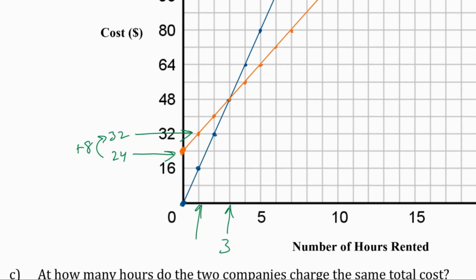But this is a good example of what direct variation is like. And partial variation is not like that. Partial variation is going up by 8, but it never actually hits $8 because it starts above that in this case.